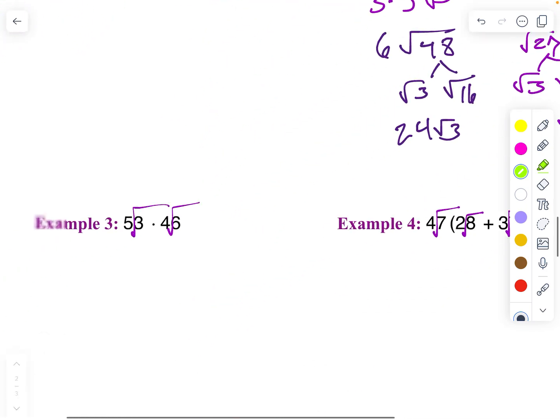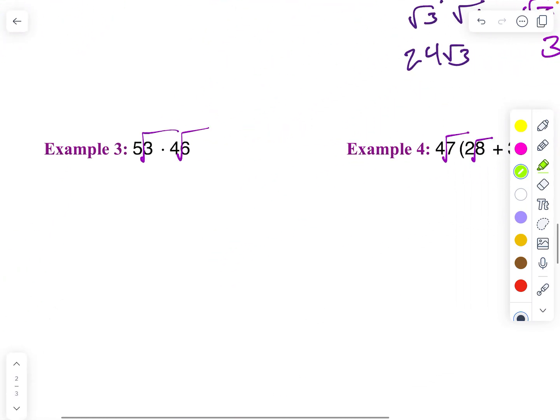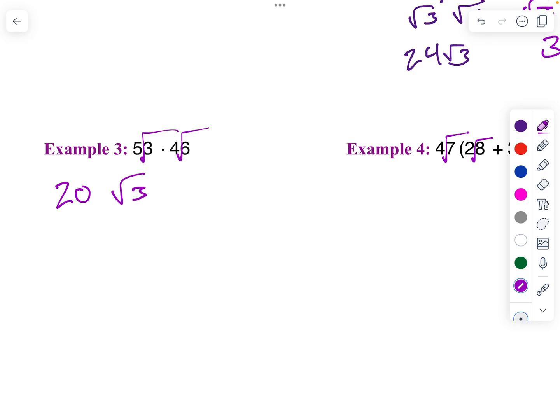Now, if I take a look at example 3, I'm just multiplying. We did that yesterday, but let's just review. 5 times 4 is 20. I got the square root of 3 and the square root of 6. I like to simplify them first rather than multiply them first. So the square root of 3 times the square root of 2 is the square root of 6.